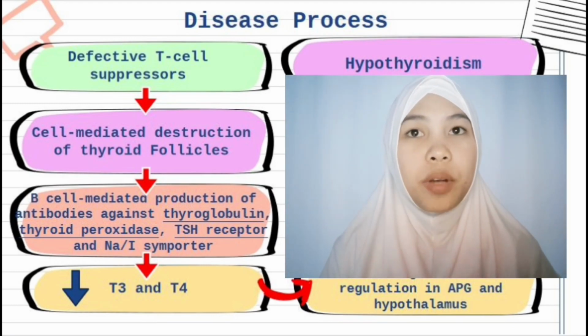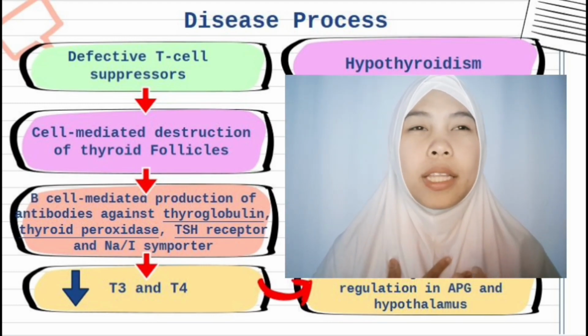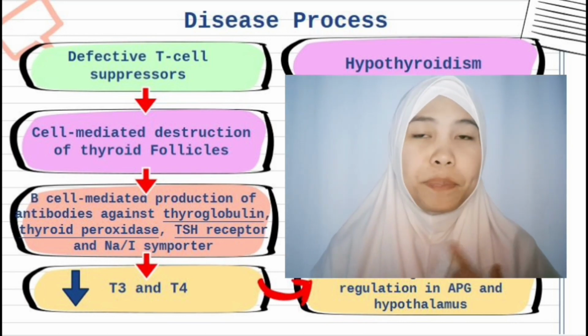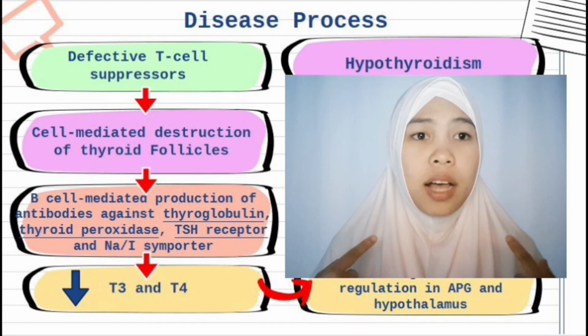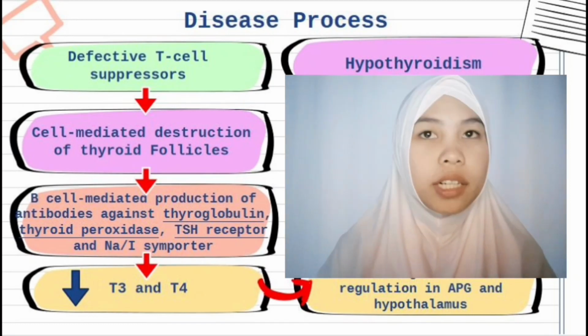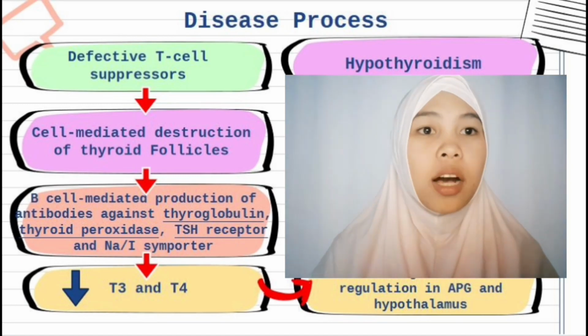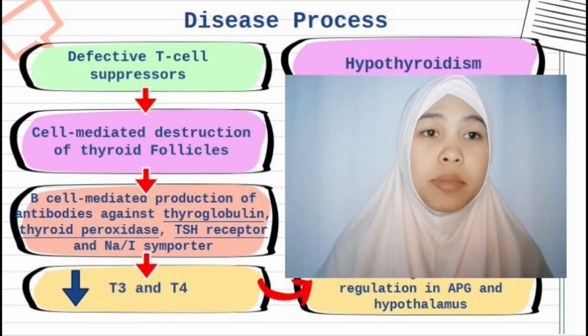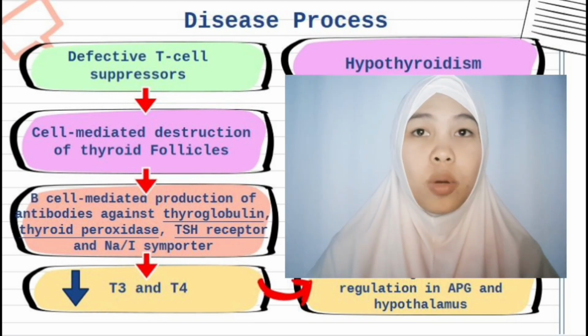These T cell suppressors prevent those immune cells from mistaking us as foreign particles or foreign materials in our body, because automatically our immune system will react to a foreign material to remove it, because it is considered a threat to our body.